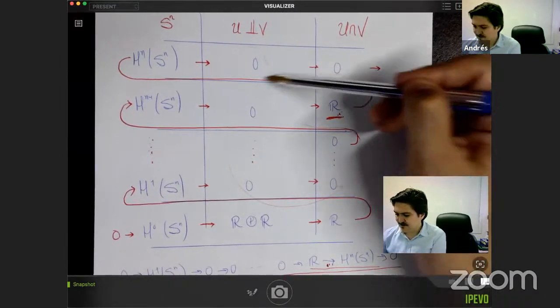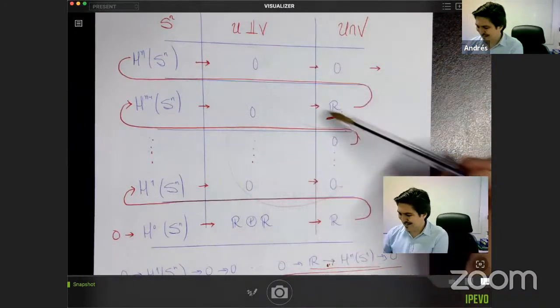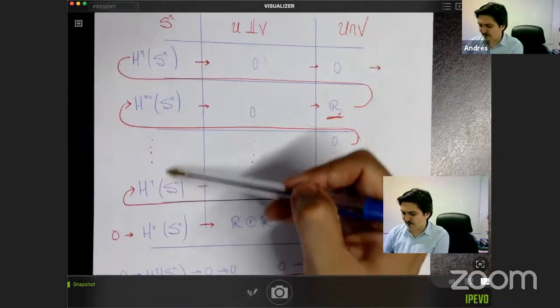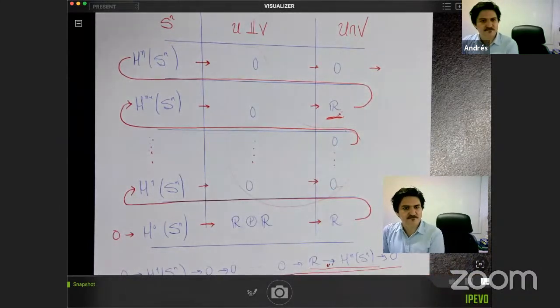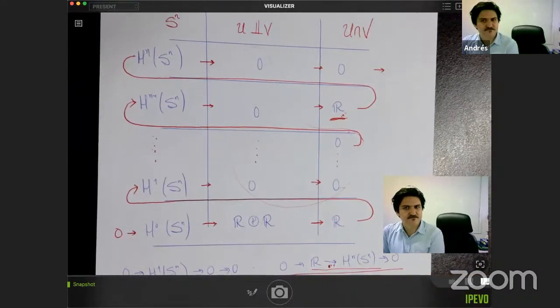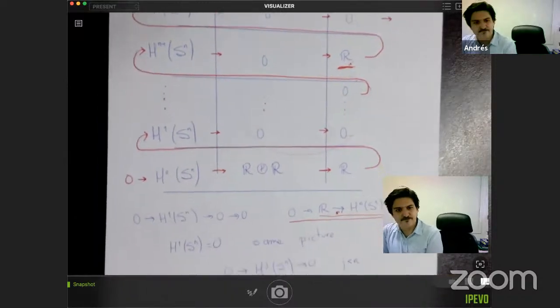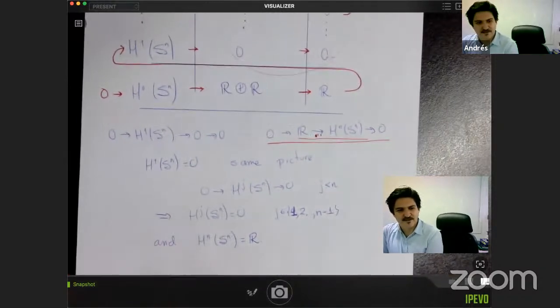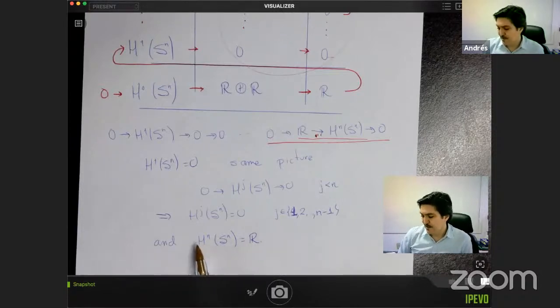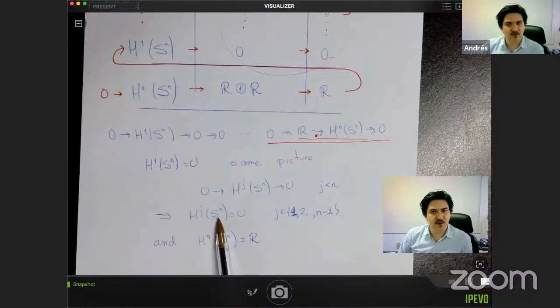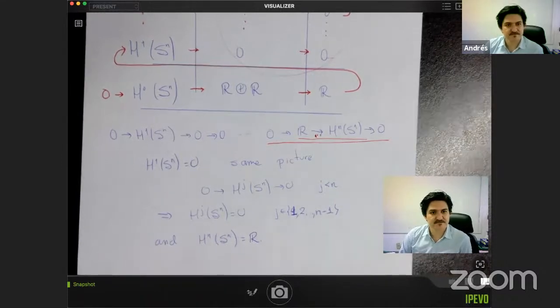This is the same as this one. And all of this is trivial. And that's what we wanted to compute. The cohomology of the sphere is R in degree 0 and n, and it is 0 in the rest of the degrees.